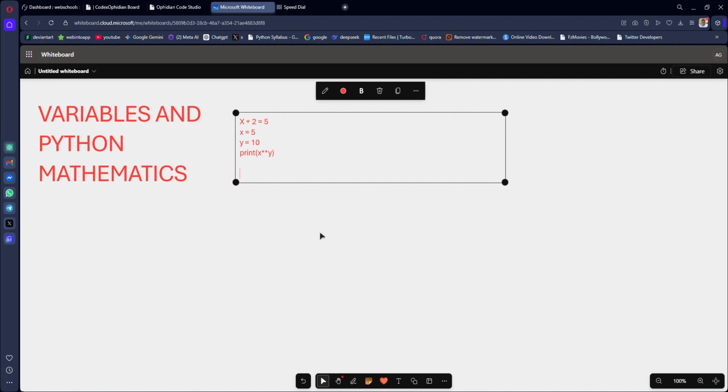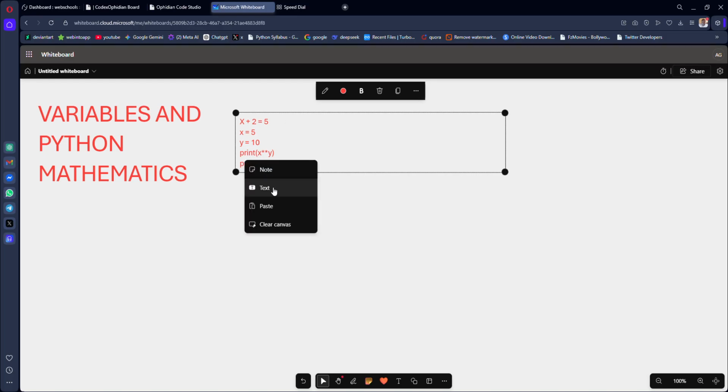Let's look at division. So we could say print x divided by y. Almost certainly always a float. Is that clear? Almost certainly always a float.